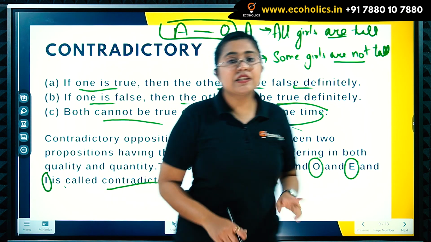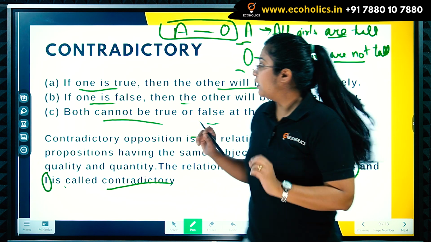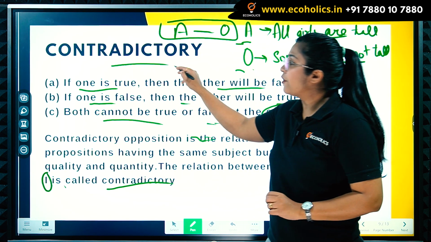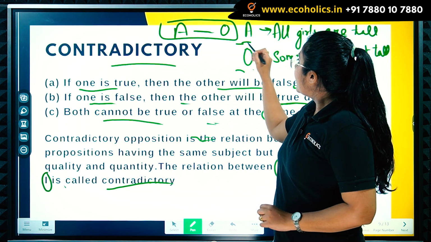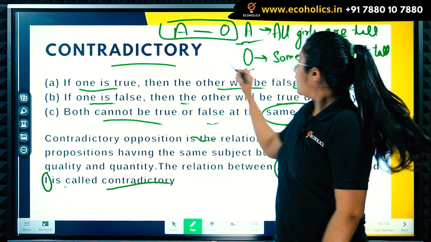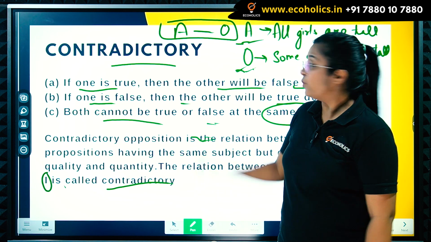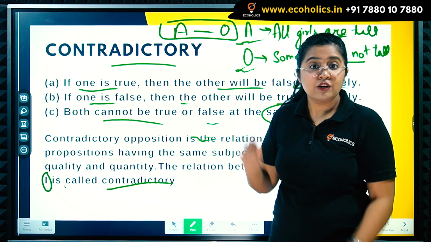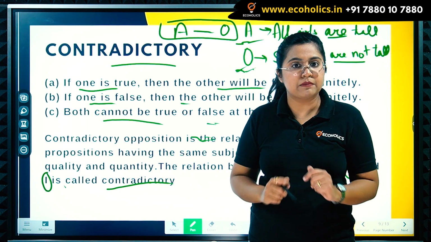So this has to be clearly identified. What is the contradiction? If A is true, then O will definitely be false. If O is true, then A will definitely be false. So both cannot be true and false at the same time.